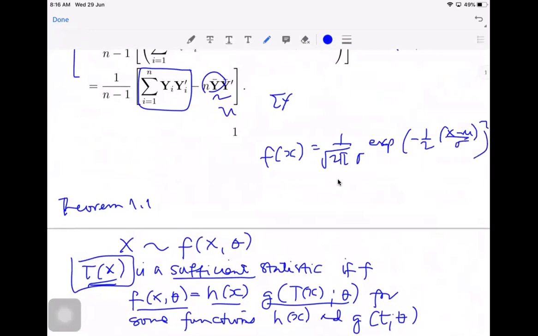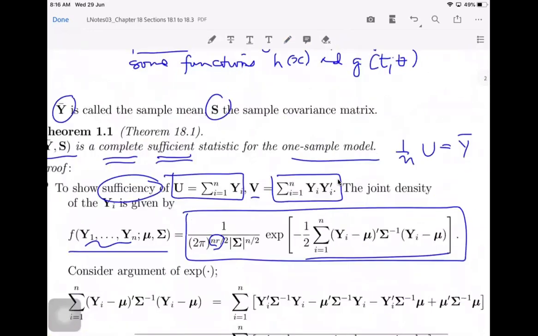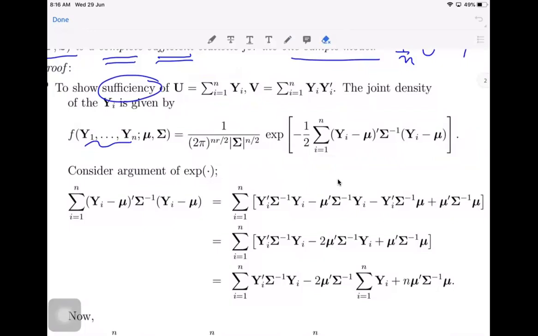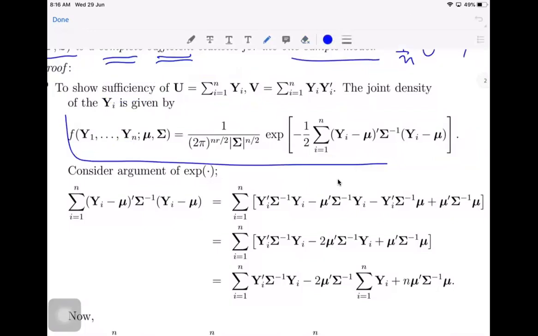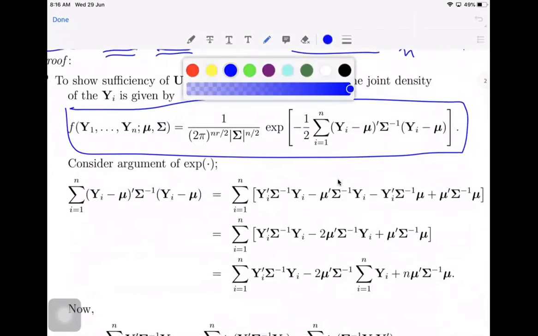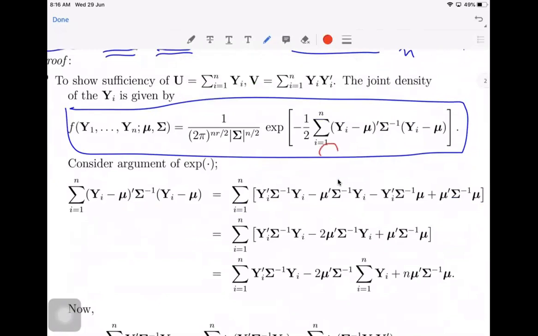So you know that. And then the multivariate counterpart of that will be this probability density function. Okay. And then if we try to scrutinize the term inside the exponential term, this one, and try to make matrix manipulation there, you will arrive at this term.